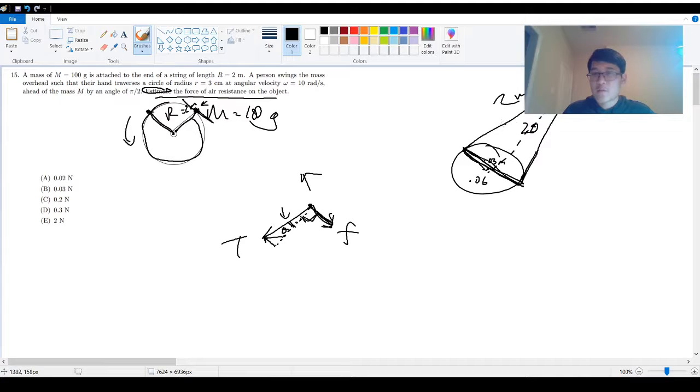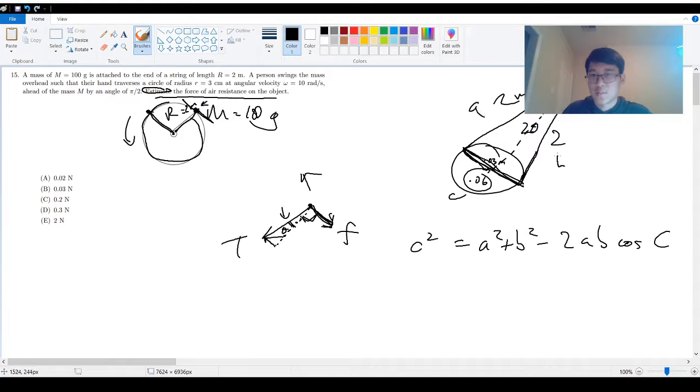And now we can use the law of cosines, because we know that this is 2 meters, this is 2 meters, and this is 0.06. So in order to find this angle theta, we will just use the law of cosines. That's c squared is equal to a squared plus b squared minus 2ab cosine of c, right? This is c, this is a, this is b, and this is angle c.